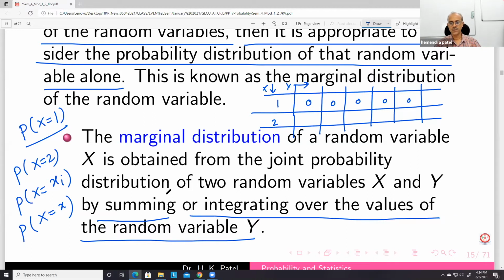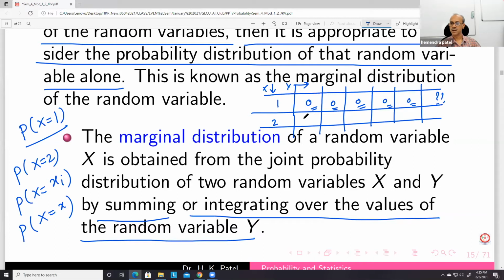Then what we do is sum or integrate over the values. So all values of y for this x. These are all values of y for x equal to 1. Add them, and whatever value you get here will give you P(X=1).